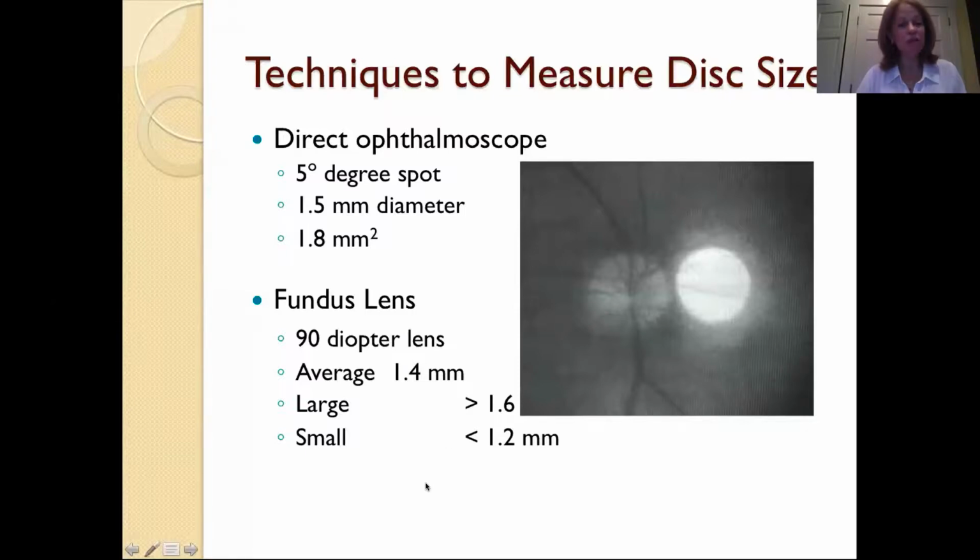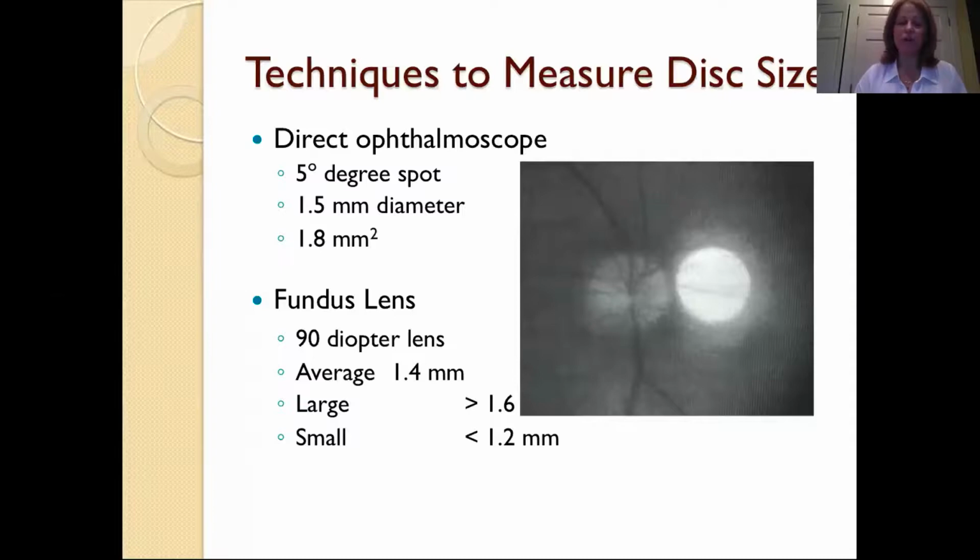The other thing you can do is use your fundus lens. Each of those lenses, the 90 or the 78 or the 60, you can use a vertical line from your slit. So if your slit beam has the ability to have a vertical, you can change the vertical height of the slit beam light and actually measure the vertical diameter of the optic disc.